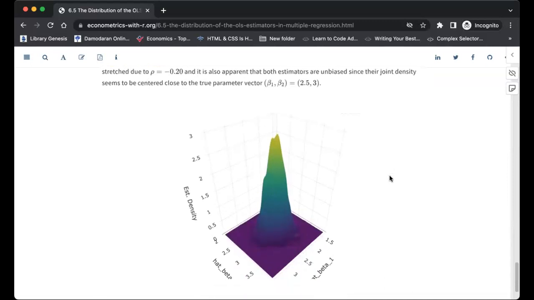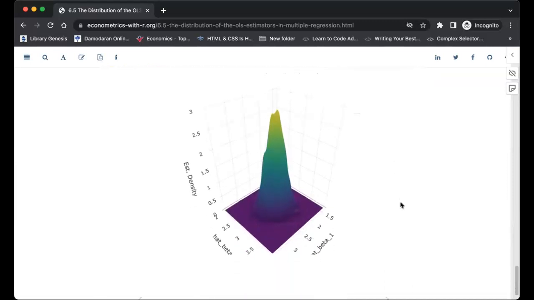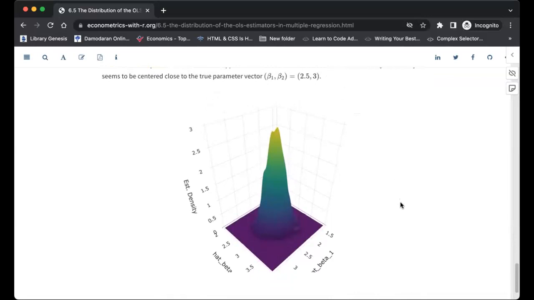We can see it better in this plot. Literally, the joint distribution means that when we look at this side or this side, it always follows a normal distribution. By the combination of beta 1 and beta 2, we get these shapes depending on their changes.